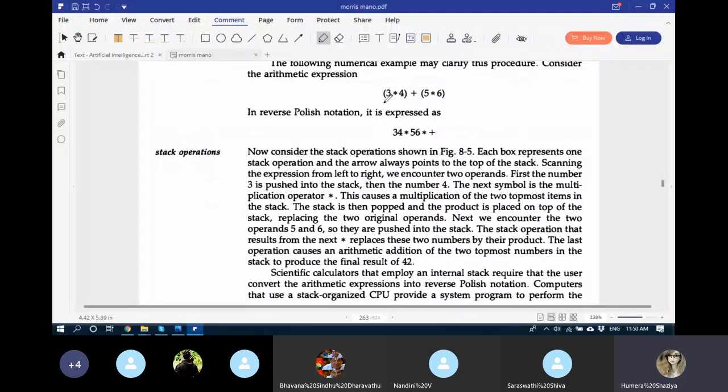So this is our expression. 3 into 4 plus 5 into 6. You have to perform first multiplication of 3 and 4 and multiplication of 5 and 6, and then add both the products, and the conversion of that into a reverse Polish notation is done here.